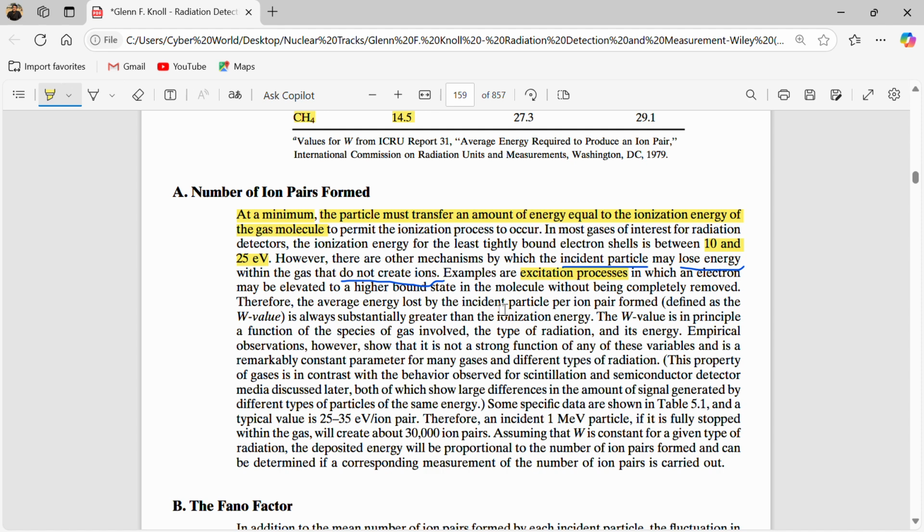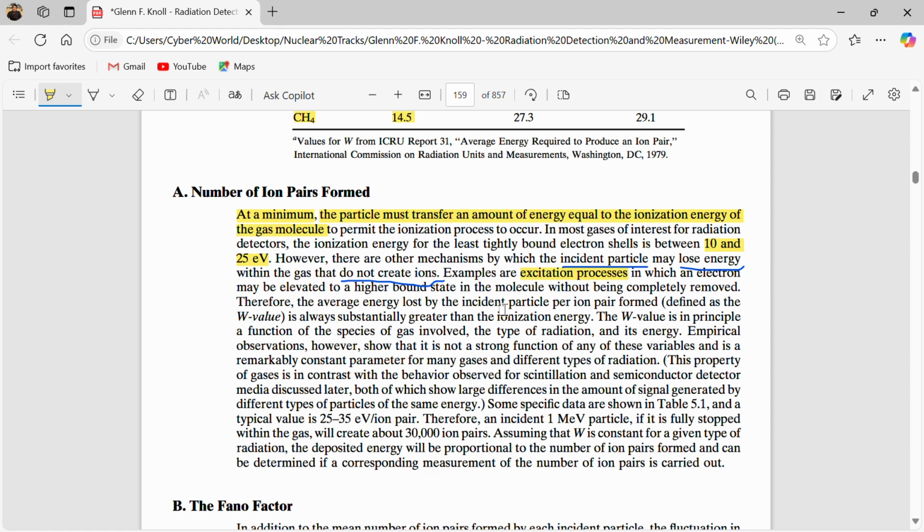If the incoming particle has an amount of energy greater than or equal to the ionization energy of the gas molecule, then definitely your particle will produce ion pairs. But if in some scenario your particle loses some of its energy while interacting with the gas molecules and no longer has enough energy, the only thing it can do is excite that electron to a higher energy state instead of removing it completely from the shell.